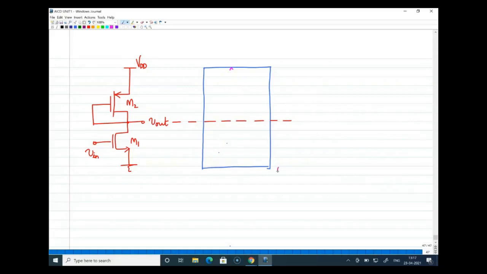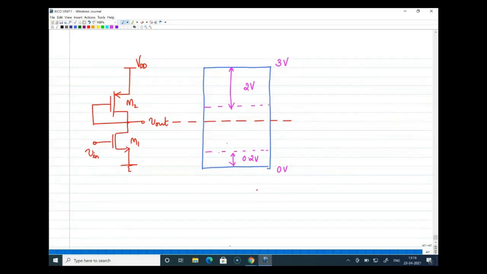So this is 0, this is 3 volt, so this is 1.5. In that, for 2 volt I should show at least this much, right? So this is almost 2 volt, and here I need almost 0.2 volt. So this is what I need for the transistors to be in saturation.